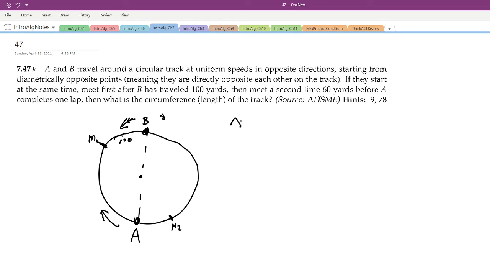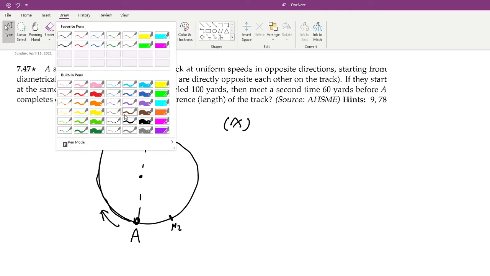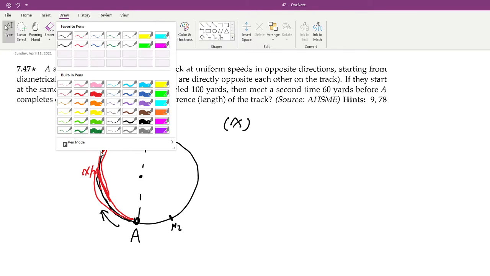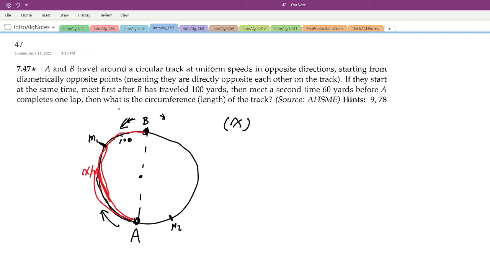Let's say the circumference is x. Because they start at opposite diametrical points, this arc has a length of half of x.